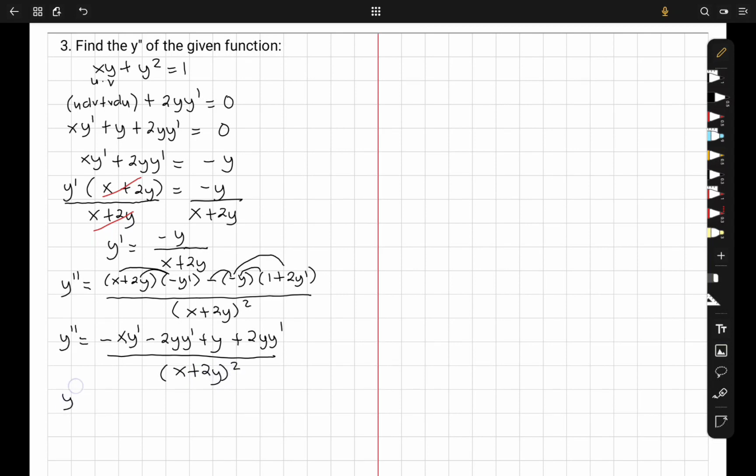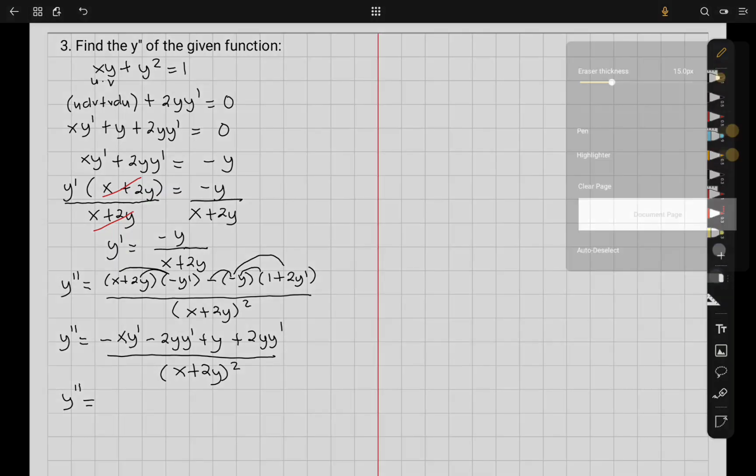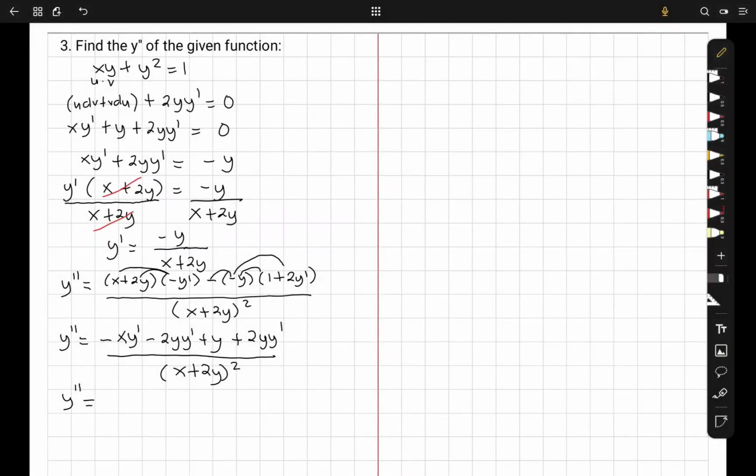So, y double prime natin is equal to, may makakancel tayo dyan. Matitira natin is negative x y prime plus y all over sa x plus 2y raised to 2.